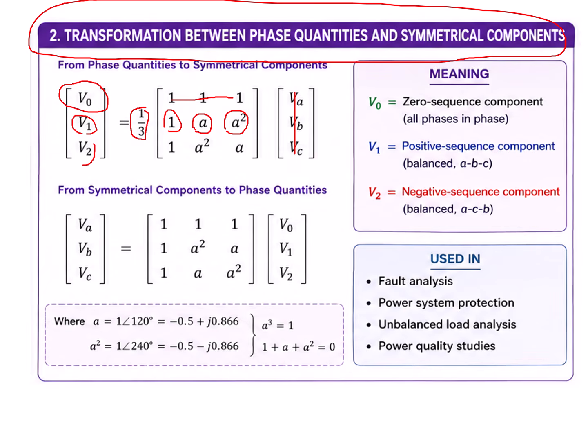The negative sequence is where the phase order is reversed. So we get phase A, phase C, and phase B. So phase A plus phase B multiplied by the 240-degree shift, and phase C with the 120-degree shift, because the phase sequence changes, and we take the average again. So this is the expression for how we can convert the unsymmetrical components to symmetrical ones.